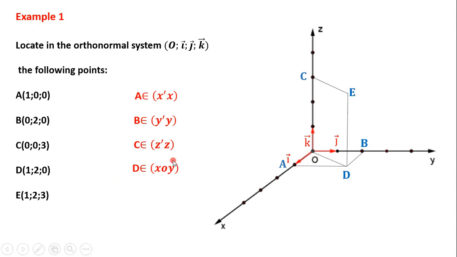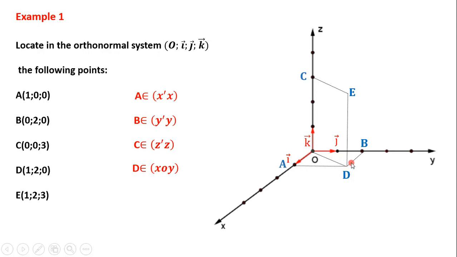Pay attention. To locate point E, we have to put a point on the abscissa axis at 1, since the abscissa of E is 1, a point on the ordinate axis at 2, since the ordinate of E is 2, and we draw the orthogonal projection of each point.